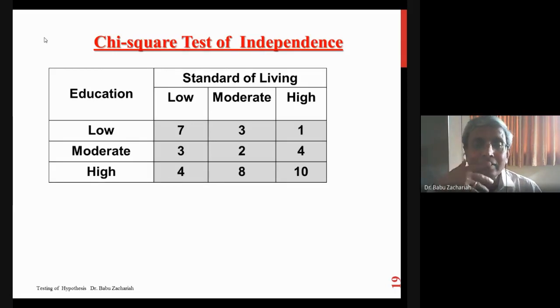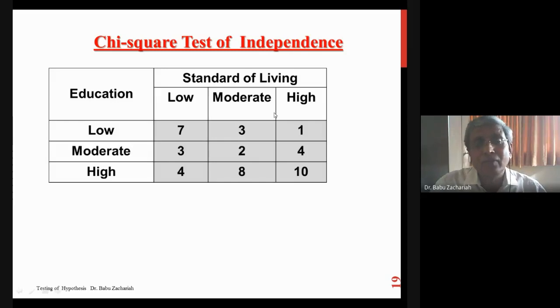Here I have taken the example of education: low, moderate, high, and standard of living: low, moderate, high. The joint frequencies we need to obtain. Here 7 means there are 7 people with low education and low standard of living. This 4 means there are 4 people with moderate education but with high standard of living.